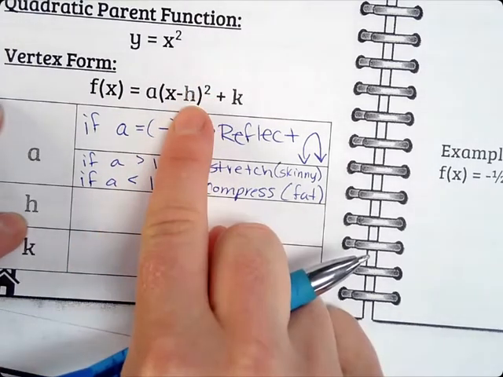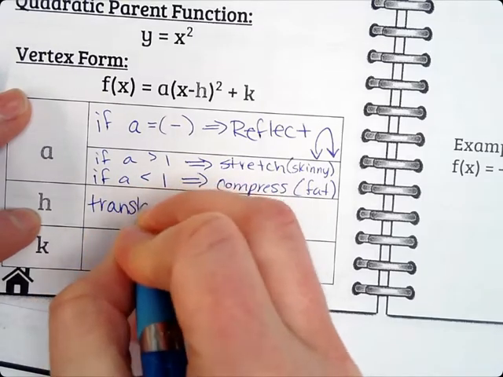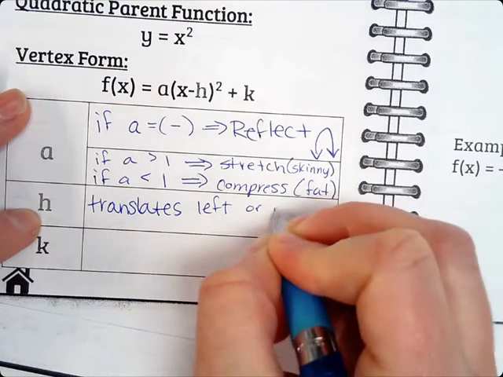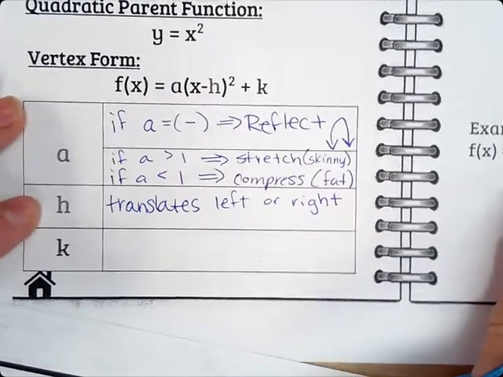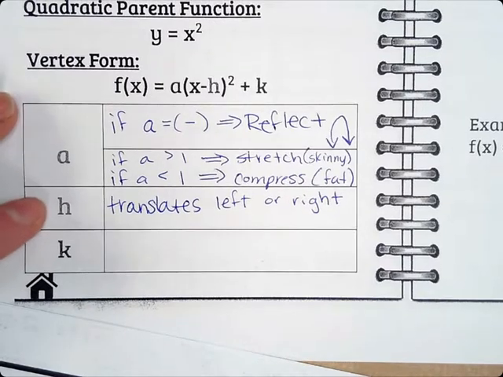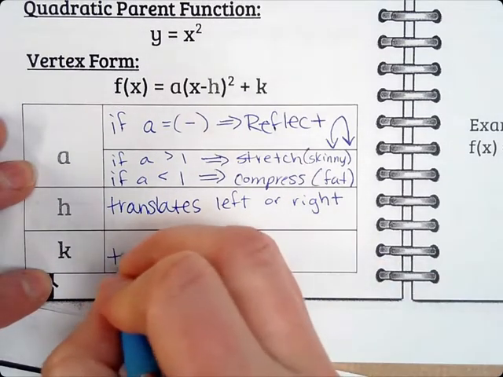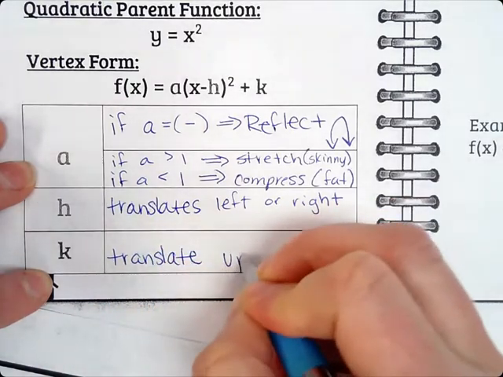Then the H value, that is what translates it left and right. K translates up or down.